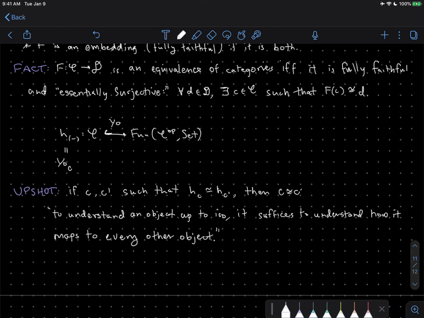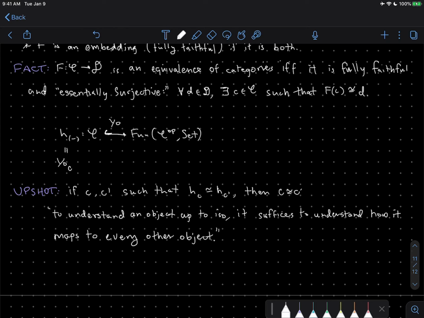Which allows us rigorously to say, let's take the emphasis away from objects and put it onto maps, and we can still understand the objects up to isomorphism. And remember that isomorphism is defined by certain types of maps in your category. So two groups are isomorphic if and only if they represent the same Hom functors.